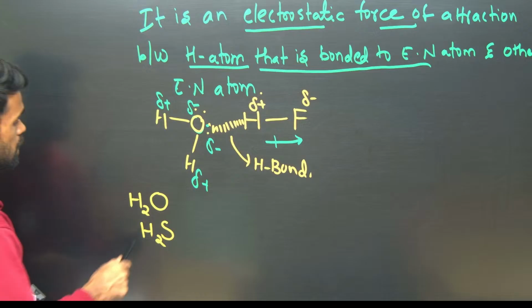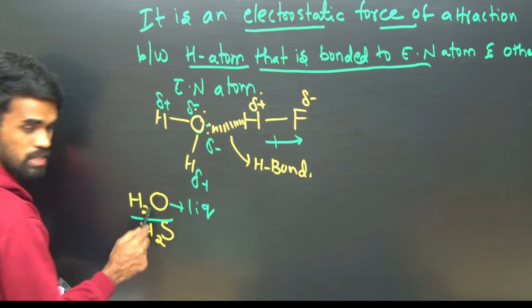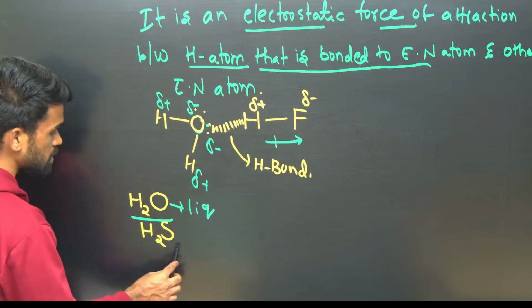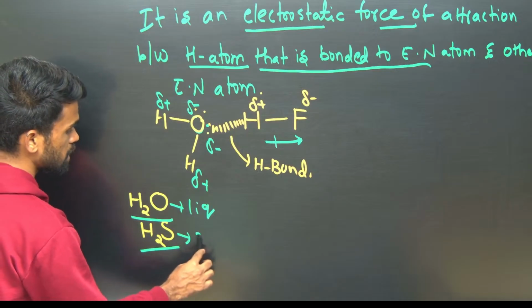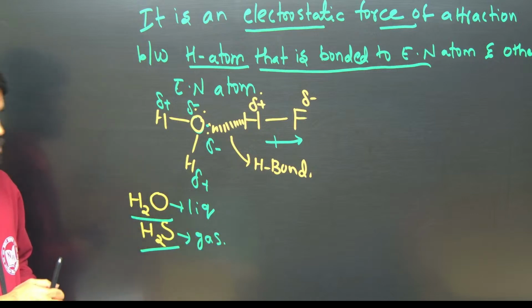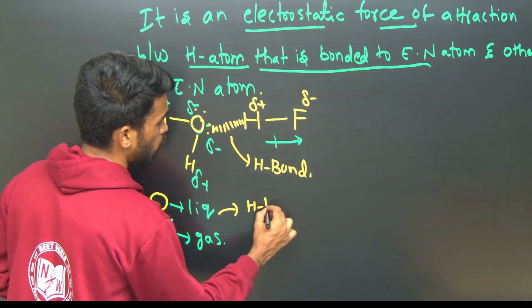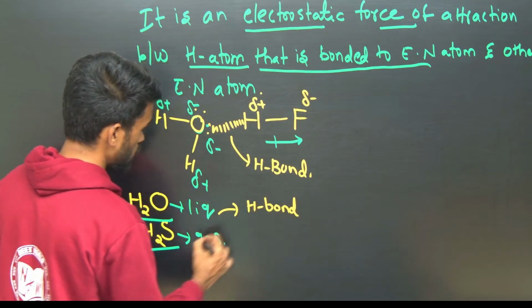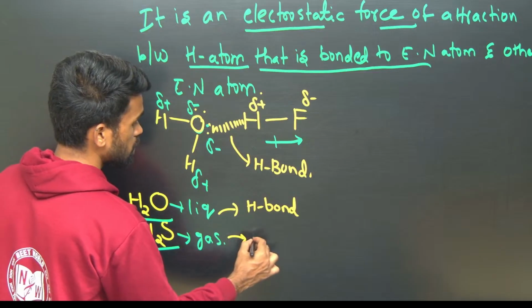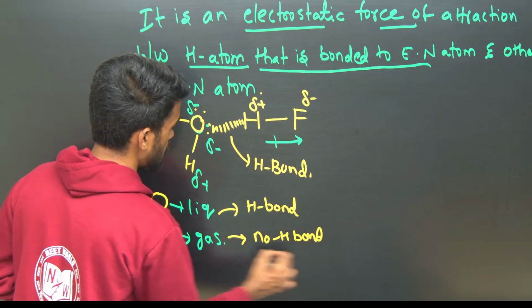H2O is liquid, whereas H2S is in a gaseous state. What is the reason for this? Because in water we have hydrogen bonding, whereas in H2S there is no hydrogen bond, so it exists in the gaseous state.